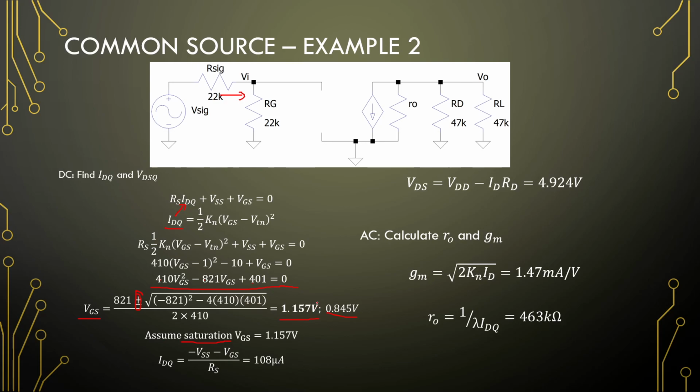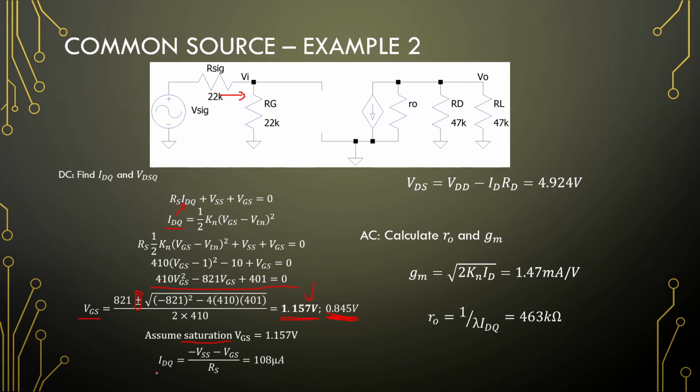And this second value right here is smaller than our threshold voltage. So this one is in the saturation region. This one right here, our transistor will be off. So it's more likely that our VGS is the 1.157 volts.